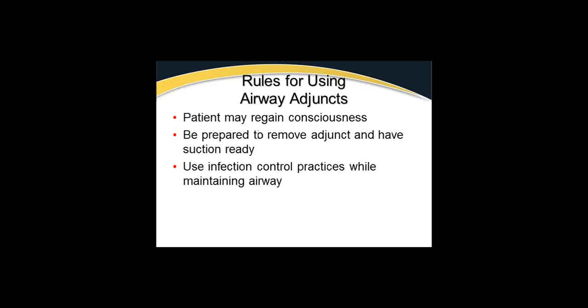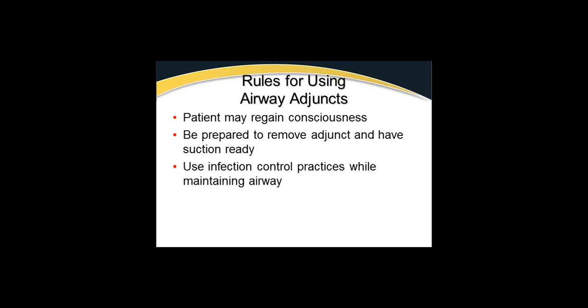If a patient regains consciousness, they are not going to like having an adjunct in their airway. They are not going to like this plastic hook in their mouth or this rubber tube down their nose. These are not particularly comfortable for them. You need to be ready to remove it.